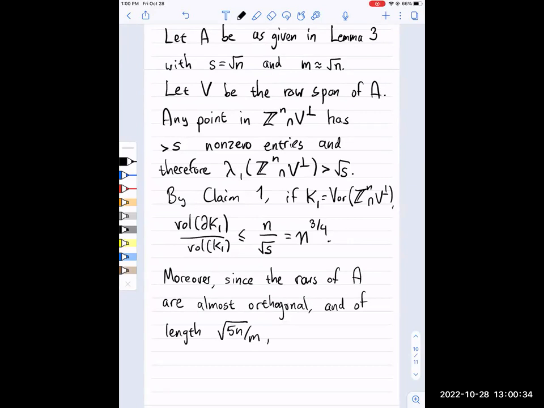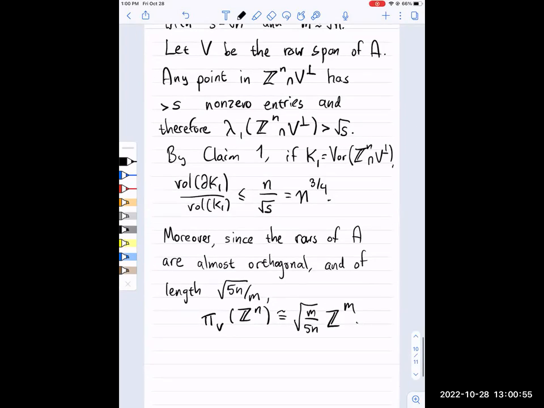you know that if you look at this direction of V, you get a lattice that's not too dense. So you get the projection on direction V of Z^n. That roughly looks like the integer lattice scaled by m times square root of m over 5n.